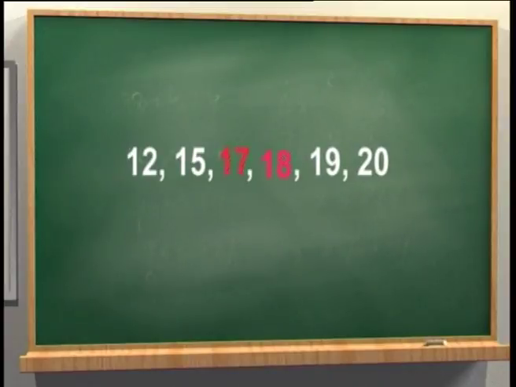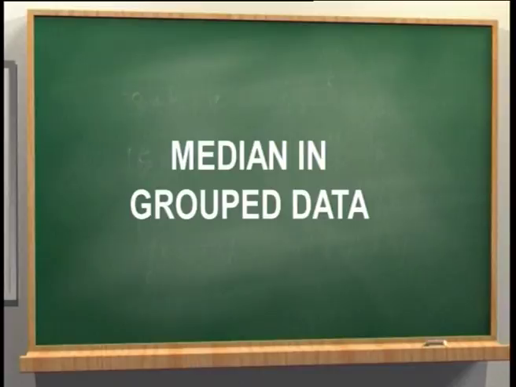The scores 17 and 18 fall in the middle of the distribution. Here, we are not in a position to define the median unless we divide this interval covering both the middle scores into 2 equal halves. The midpoint of the interval 16.5 to 18.5 would be 17.5.